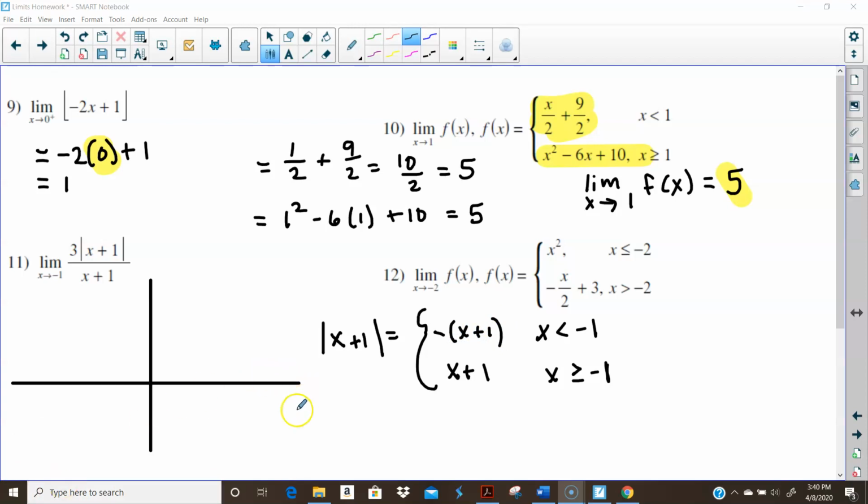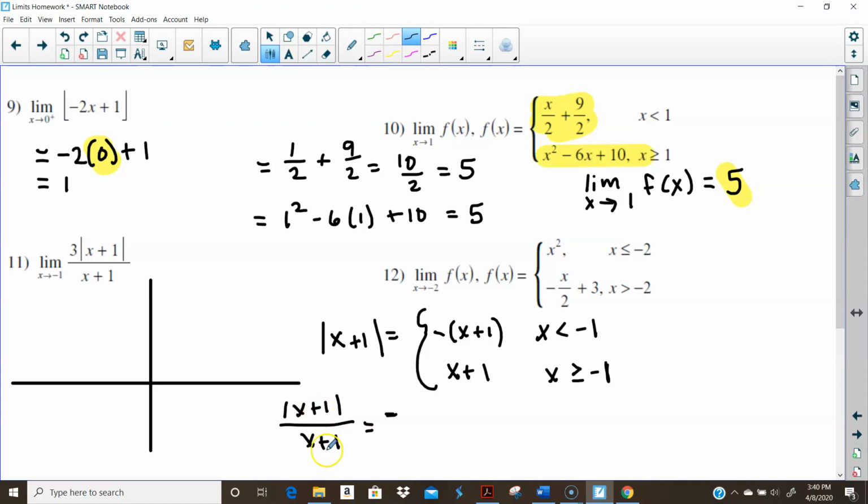What I want you to notice is we have the absolute value of x plus 1 over the same thing, x plus 1. And if the absolute value of x plus 1 is for numbers that are less than -1, that part is going to come out as the opposite.